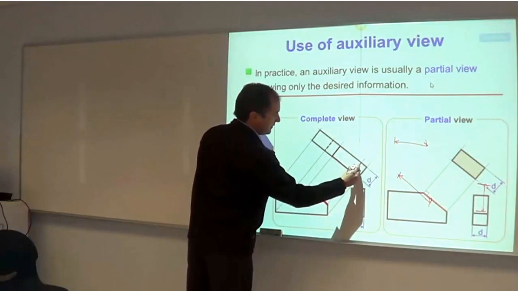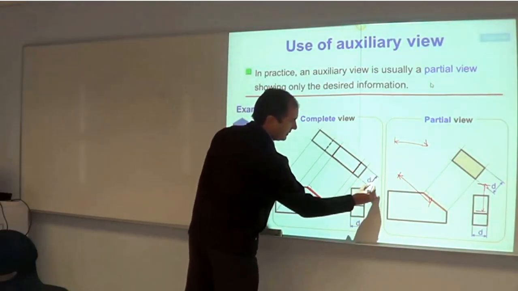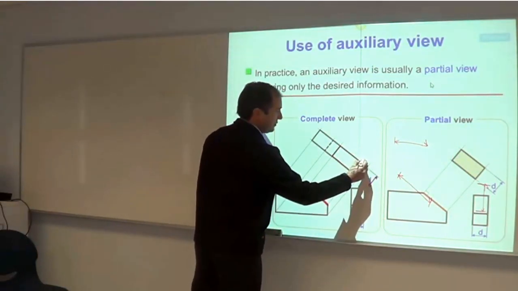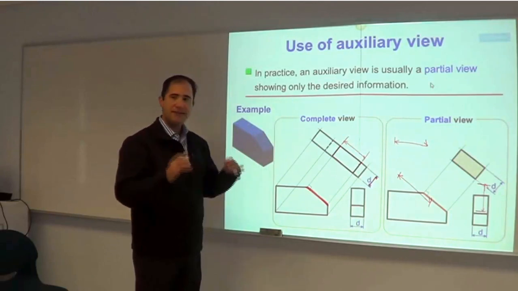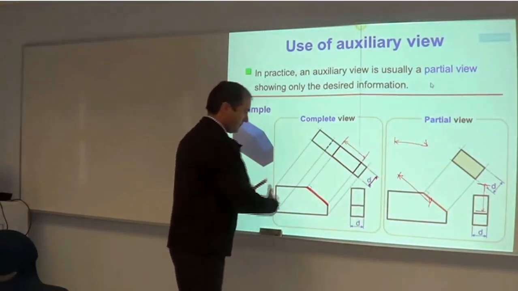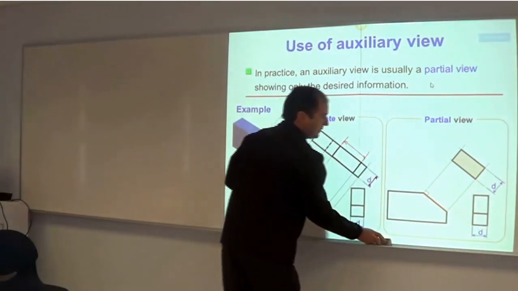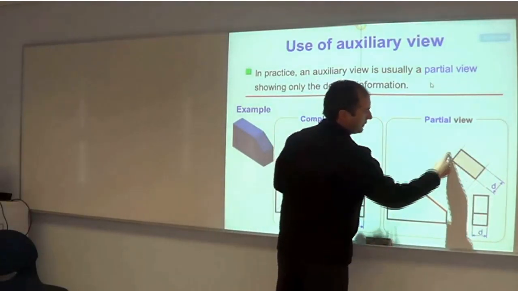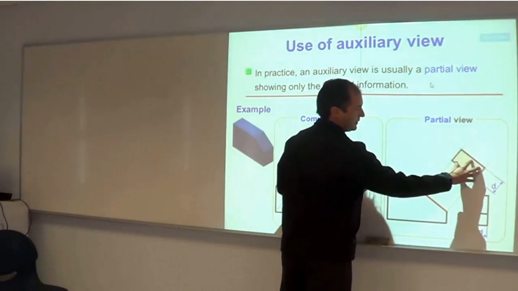And now the rectangle with the dimensions I'm interested in, which are this one here and this one here, is now visible. Now I can take the exact dimension on the element of interest. If we are not interested in other geometry but the rectangle right here, we can only show this part.